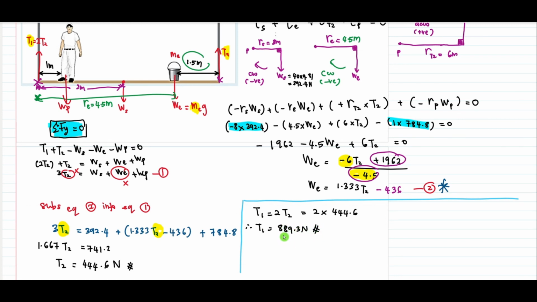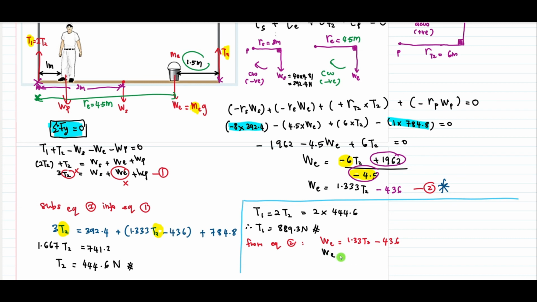Okay, so now can we find the mass of the equipment? The third question asks us to find the mass of the equipment. So the answer is yes. From equation 2, where WE is equal to 1.33 T2 minus 436, we can find the mass of the equipment.